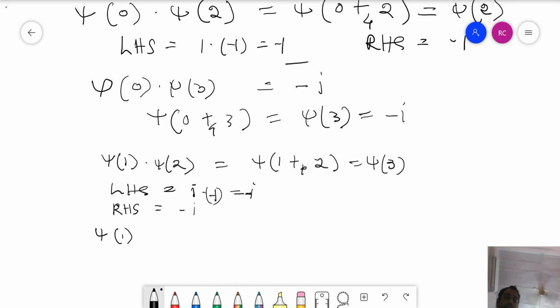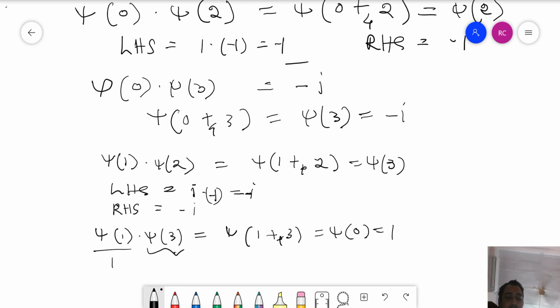Again, phi 1 dot phi 3 gives us phi of 1 plus modulo 4 3, which is phi 0, which is 1. And here you can clearly see phi 1 is i, and phi 3 is minus i.